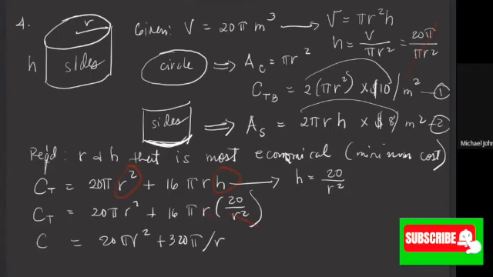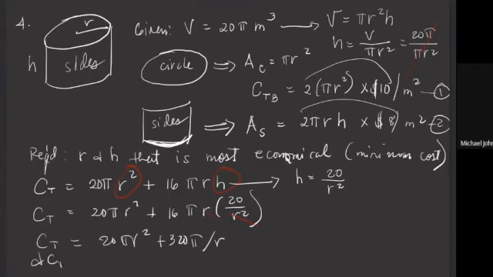So this is where we start deriving dC over dr equated to 0. The derivative of 20 pi r squared is 2 times 20, which gives us 40 pi r, plus 320 pi times the derivative of 1 over r.